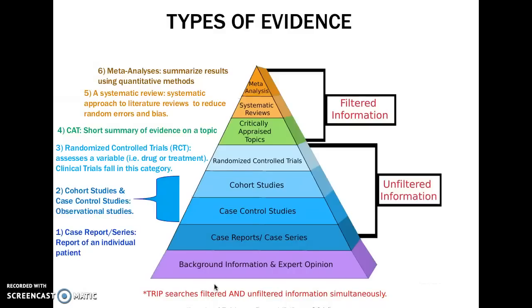It's a meta search engine, and I highly recommend that you go to tripdatabase.com and do some searches. You can actually filter in the menu whether or not you want to find filtered or unfiltered information, or even drill down as far as meta-analyses, systematic reviews, cohort studies. You can choose all those as the evidence you want to look for.